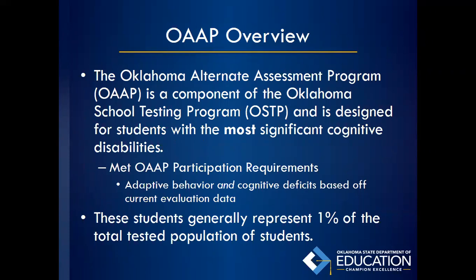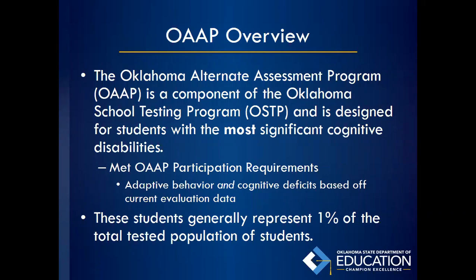In order for a student to participate in the OAAP, they must have met the participation requirements. There's a criteria checklist for establishing whether or not the student should participate in the alternate assessment. And a large part of that is the adaptive behavior piece of the student.